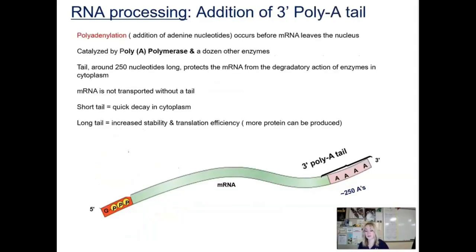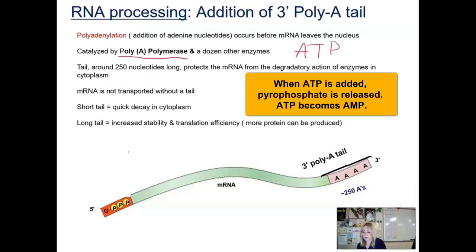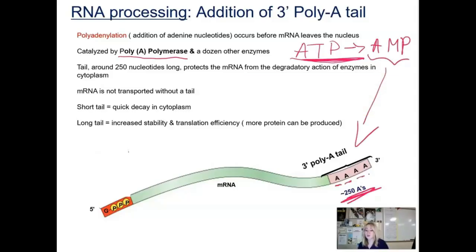The addition of poly A tail is actually catalyzed by a separate enzyme, and the separate enzyme is called poly A polymerase. So it's using ATP. Those AMPs are going to be linked together in the form of poly A tail. So this long tail that's added to the mRNA is going to protect the mRNA from the cytoplasmic enzymes that could potentially degrade this molecule.